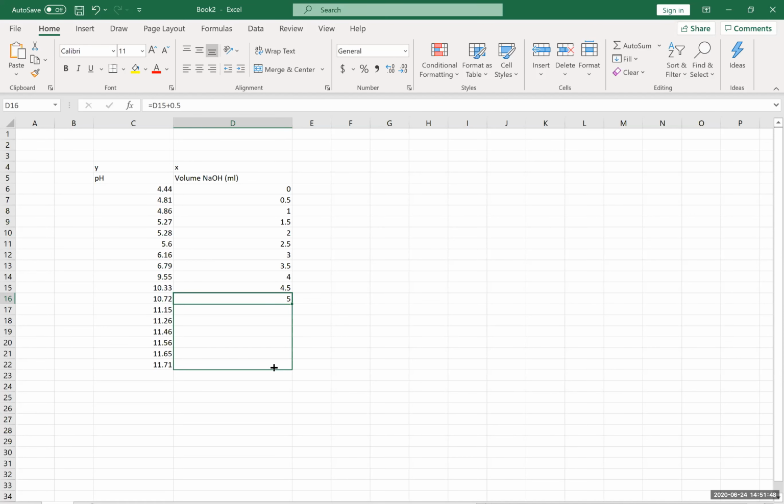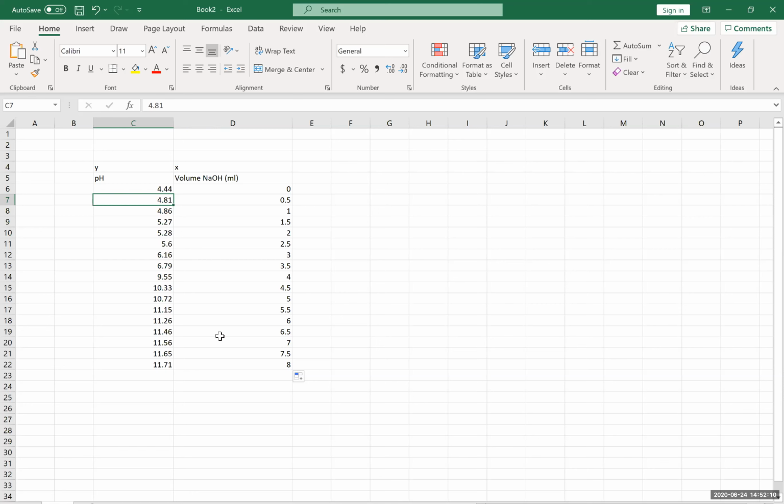I'm just going to use some Excel shortcuts. So here's our whole data set, exactly as you should have seen in your laboratory notebook.